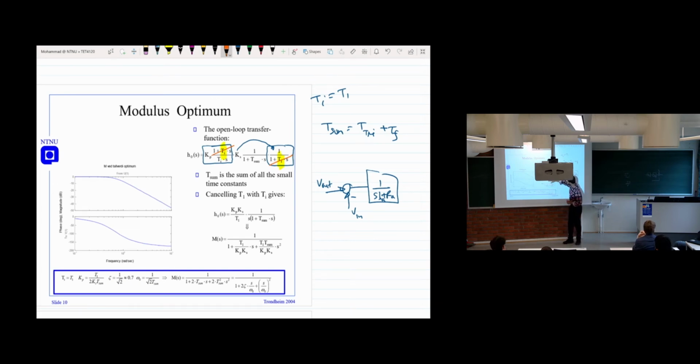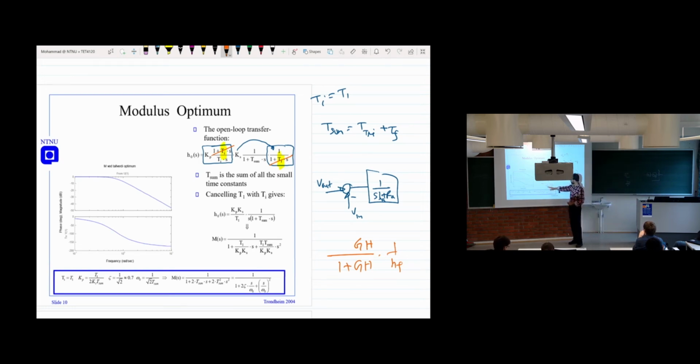Now we simplify, and we get the open loop transfer function like this. Then if we derive the closed loop transfer function, we come to this closed loop transfer function. We know how to get it: if we have the open loop transfer function GH, the closed loop transfer function is G over 1 plus GH, something like that, and also we have the feedback filter before. This is just simple control theory.